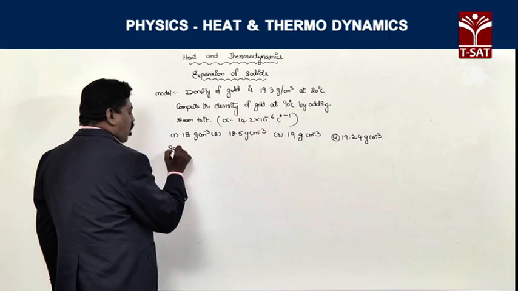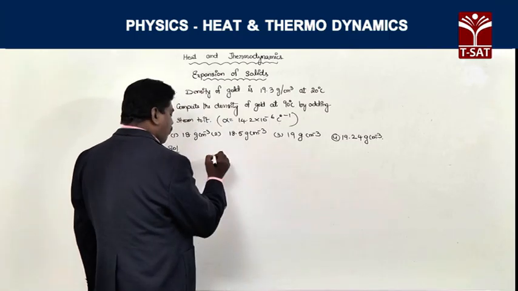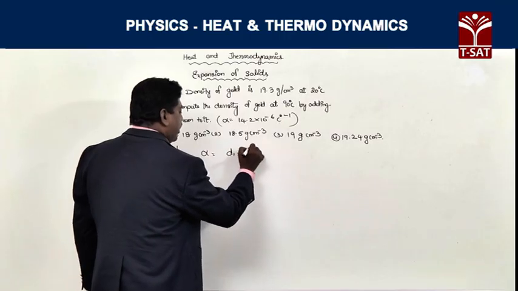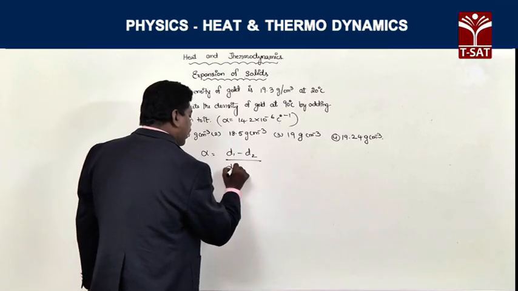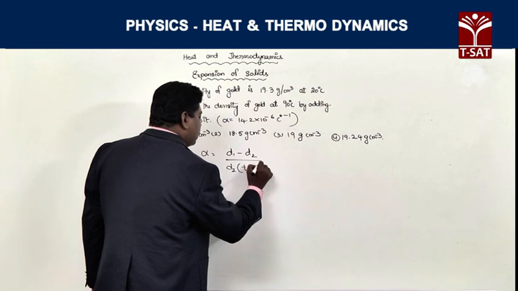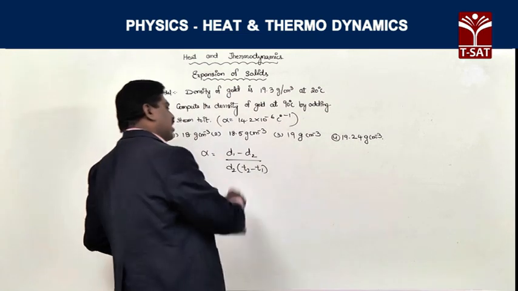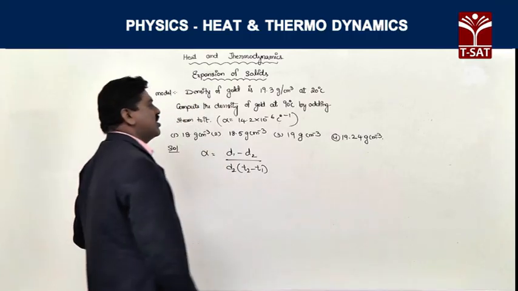Now, in this case, what we do is alpha equals (d1 minus d2) by d2 into (T2 minus T1), where d1 is density at low temperature and d2 is density at high temperature.